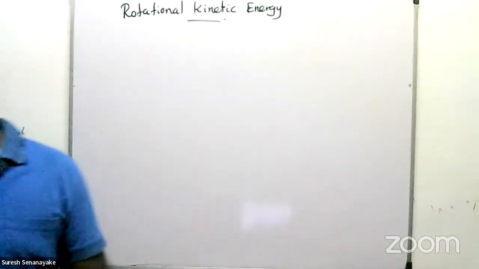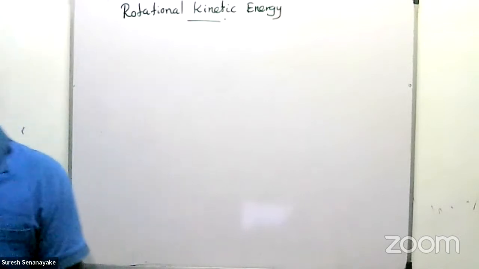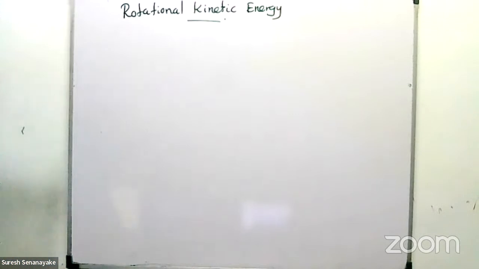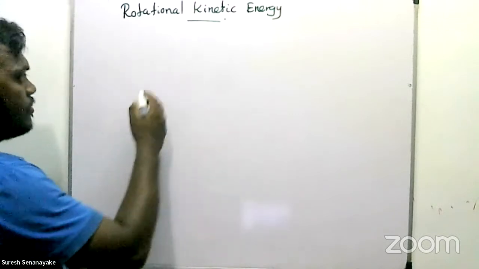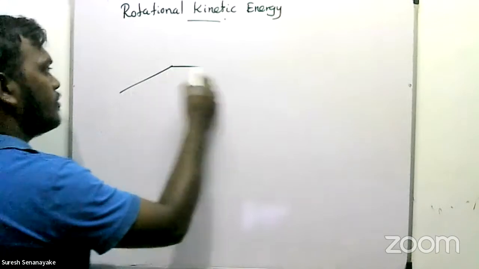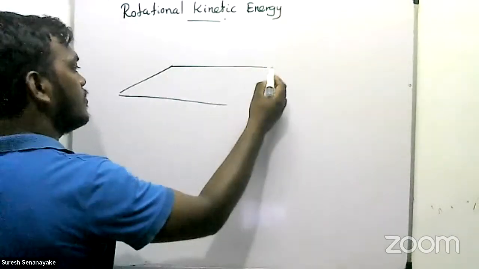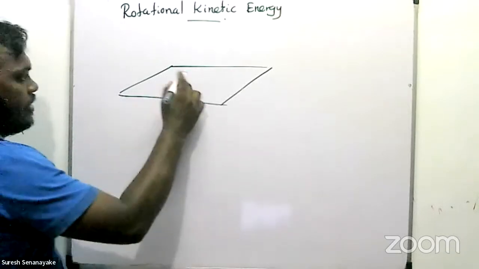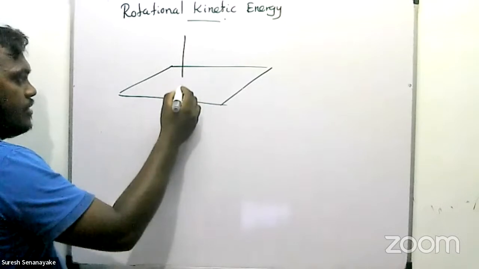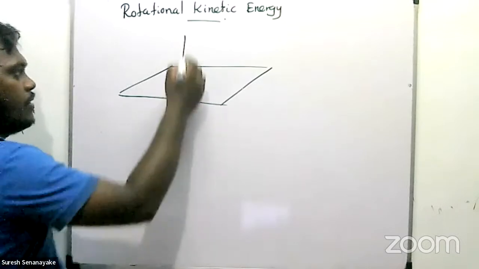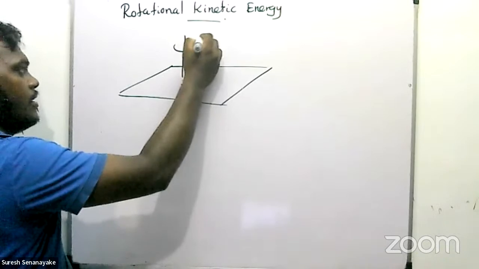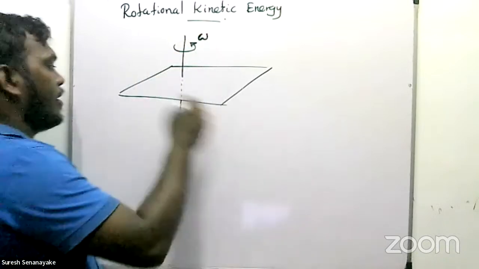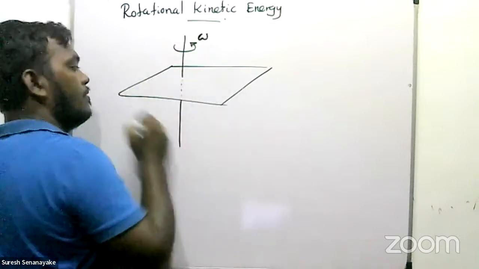I consider a plane like this, and an axis. I rotate about this axis with the angular velocity omega.